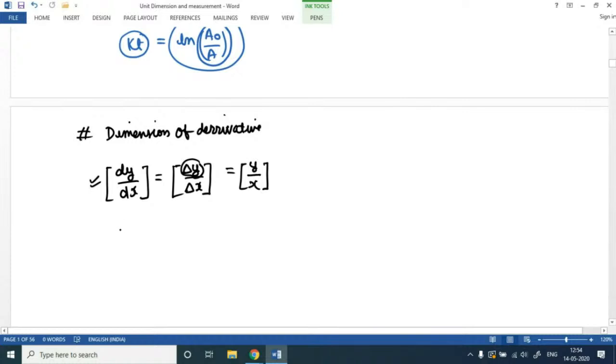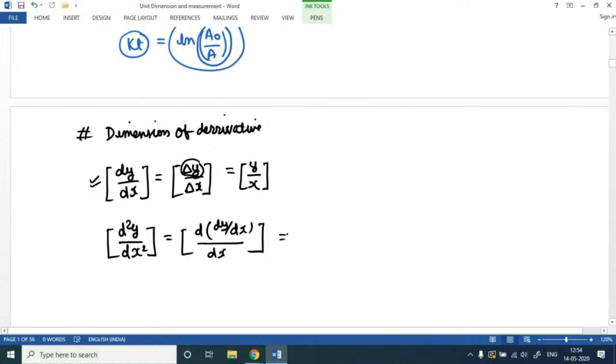Like some higher order derivative, let's try to find out the dimension of d2y upon dx square. You should realize that is nothing but d of dy by dx, by dx over here. You understand this from the definition of the double derivative.